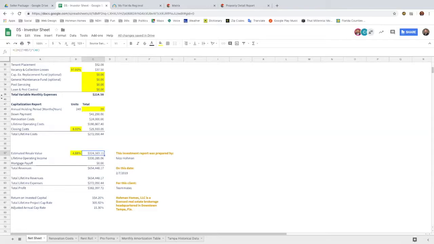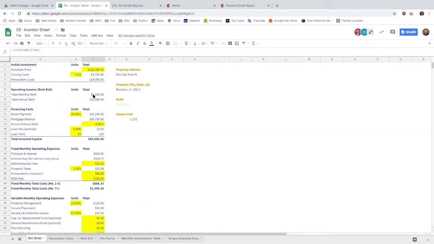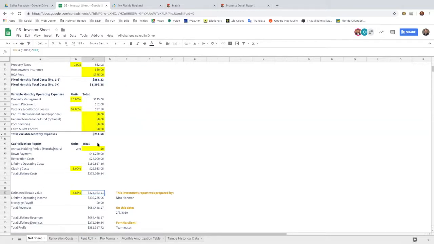So that means if we bought this property today in 2019 for $125,000, and real estate continues the way that it has been for the past 25 years, 20 years from now, when our investor decides to sell this property at an average appreciation of 4.88%, you could resell this property for $324,000.